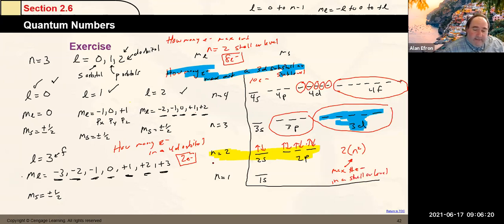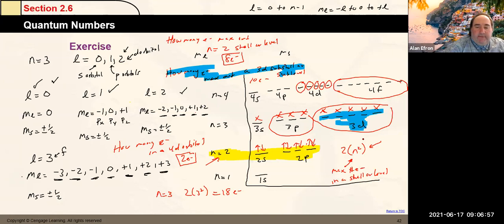For example, for n equals 2, 2 squared is 4, and 4 times 2 is 8 electrons. For our third energy level, 3 squared is 9, and 9 times 2 is 18 electrons, which is what we could put here: 2, 4, 6, 8, 10, 12, 14, 16, and 18. This is a quick way to calculate the maximum number of electrons on a shell or level without having to draw them all out.